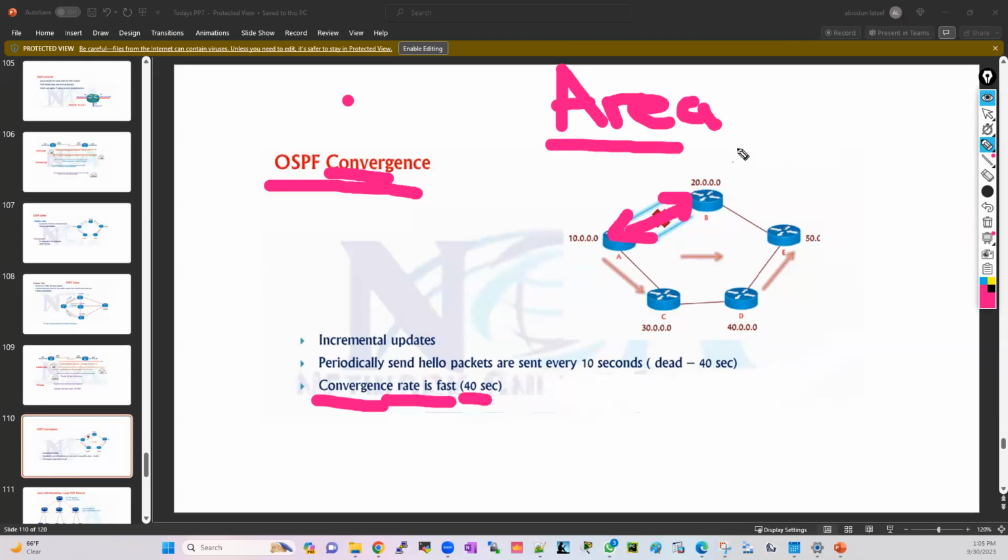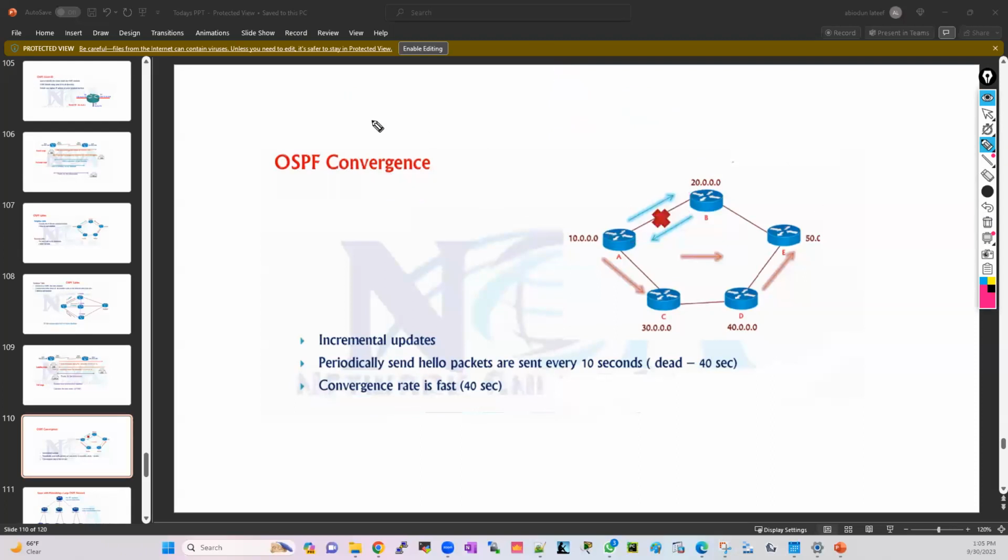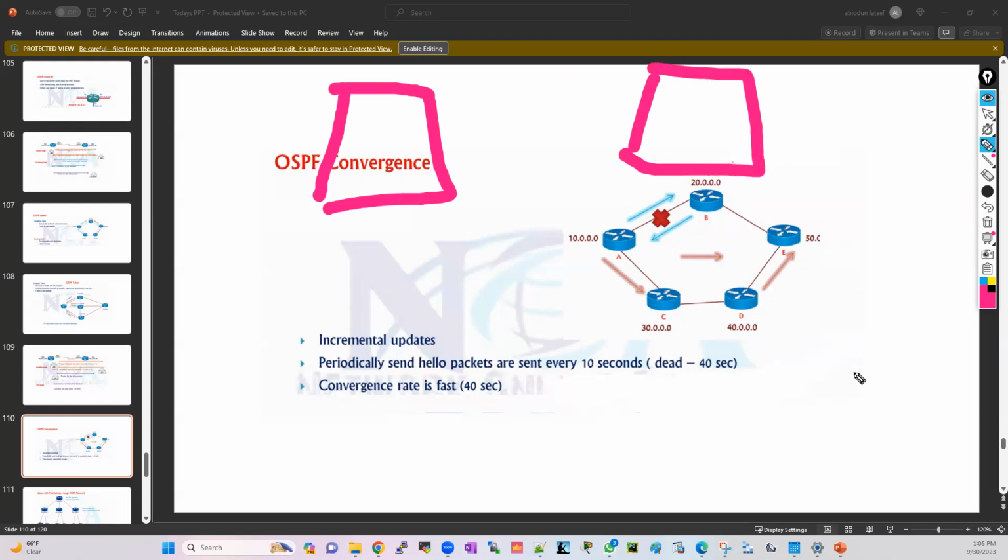I've touched on some of this concept before, but we need to talk about it again. OSPF uses the area concept to do what?